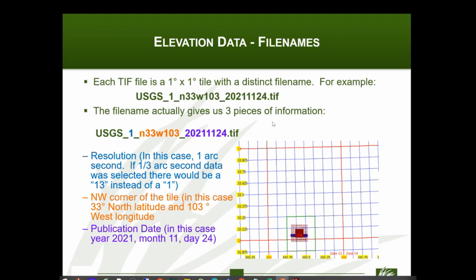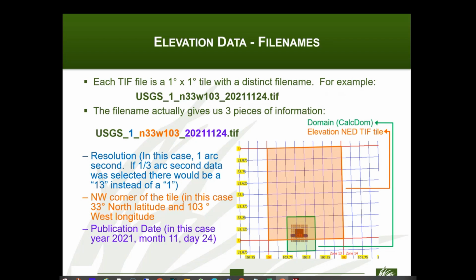So when you go into BEEST, you can tell BEEST to show you your domain. That's from whatever CalCom has estimated your domain to be. And then the terrain data that we're downloading has to cover that domain.